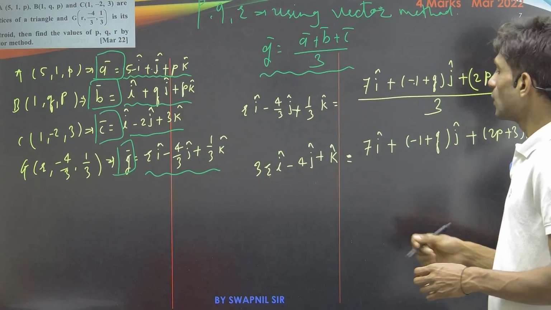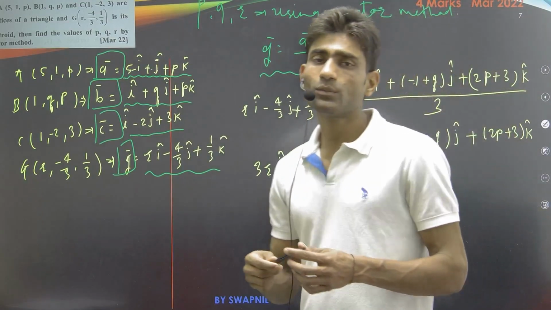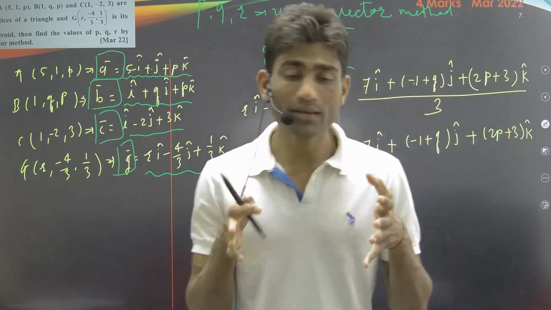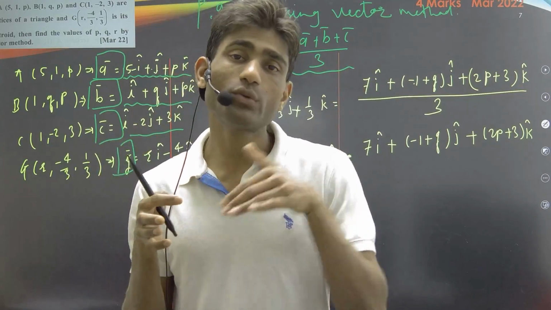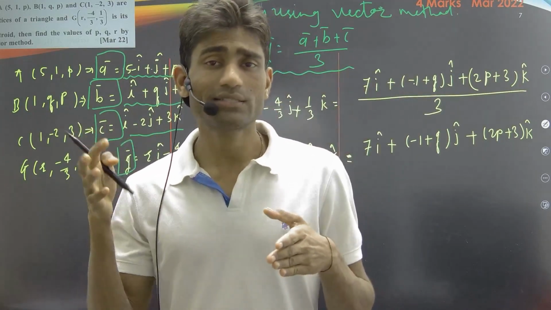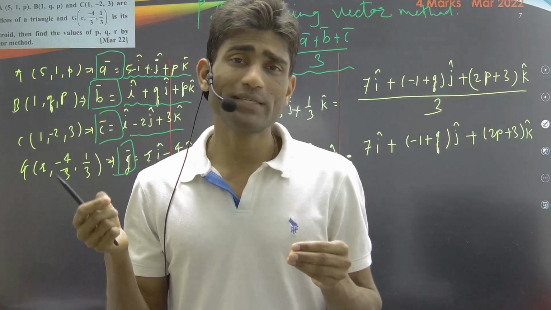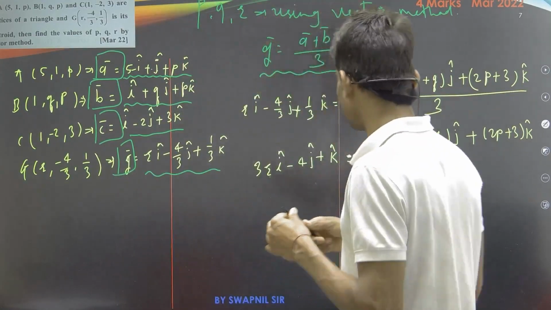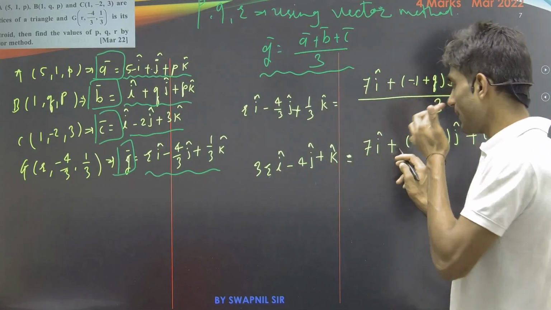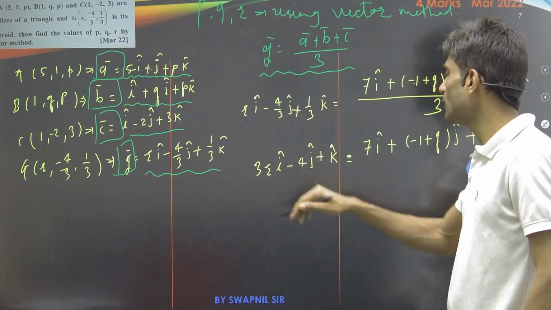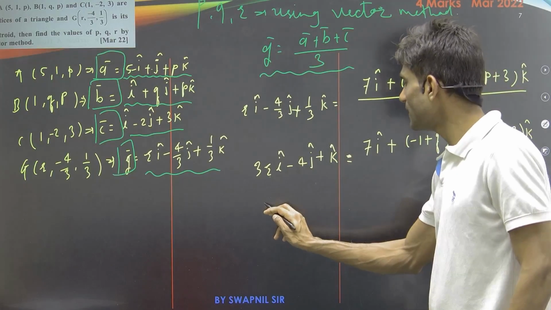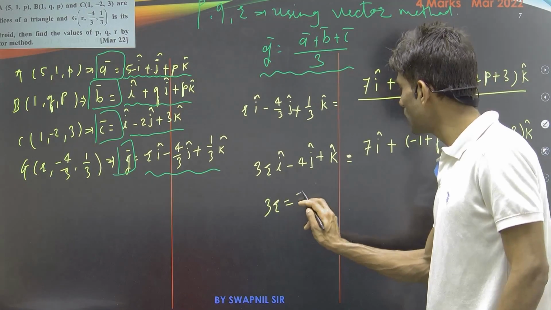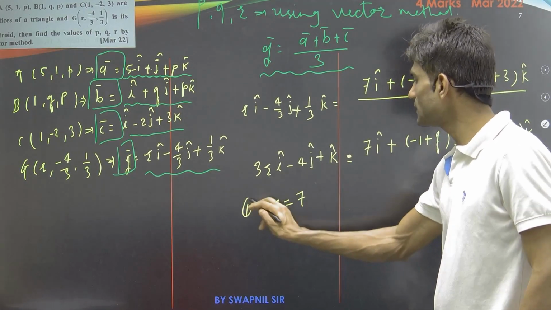Now compare similar variables from both sides. That means we compare i cap from one side to the i cap from the other side, j cap to j cap, and similarly for k cap. So we can write 7 into i cap is equal to 3r into i cap, that means 3r is equal to 7, which is the first.